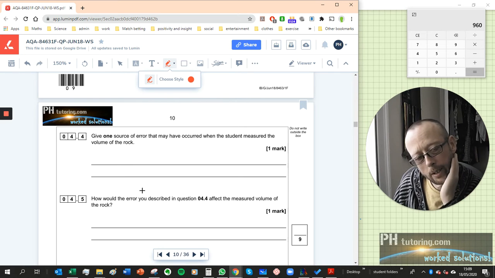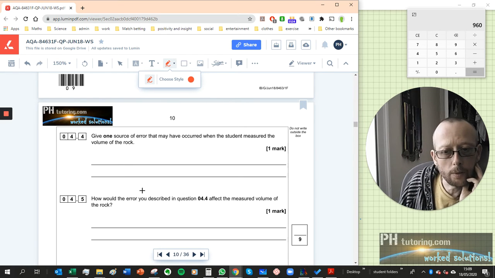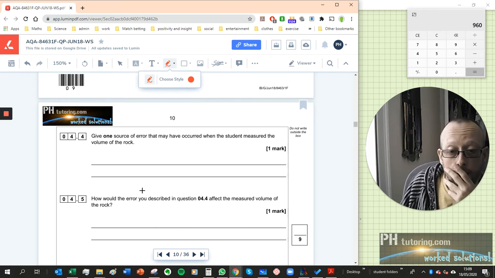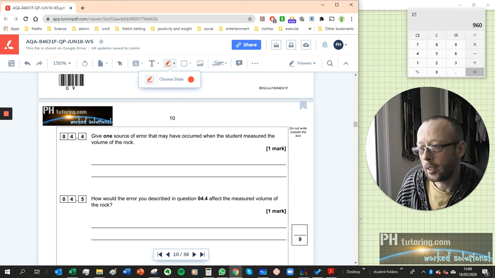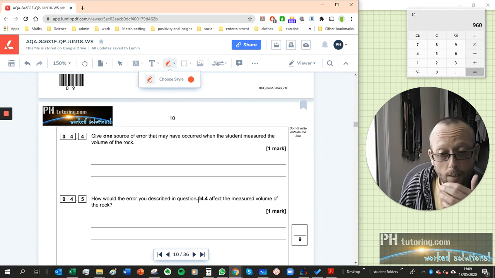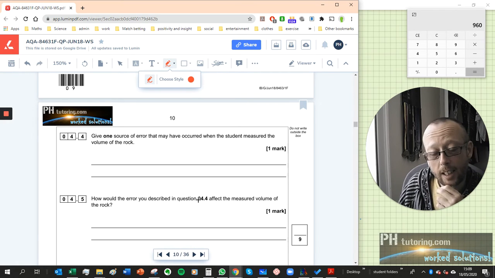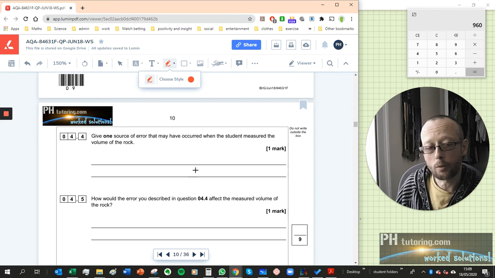Okay, so for question 4.4, give one source of error that may have occurred when the student measured the volume of the rock. So you've got to think this is methodology now. You have to go back to that written question that you did and what could have gone wrong there.